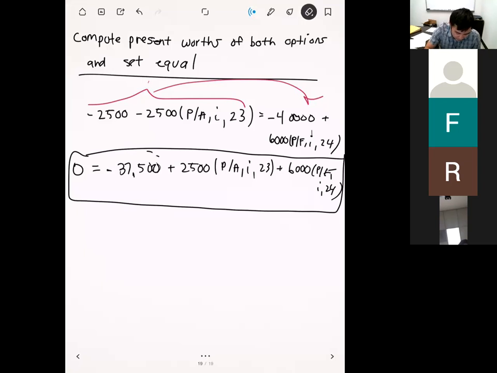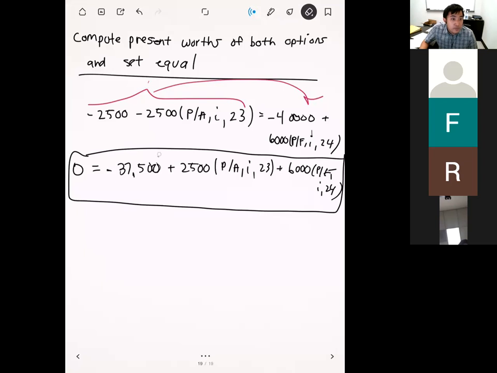And so if you look at the cash flows in this expression, we have a large initial cost of minus 37,500. Then we have a uniform benefit of 2,500 that takes place over each of the 23 months. And then we have a positive $6,000 that's occurring at the very end.